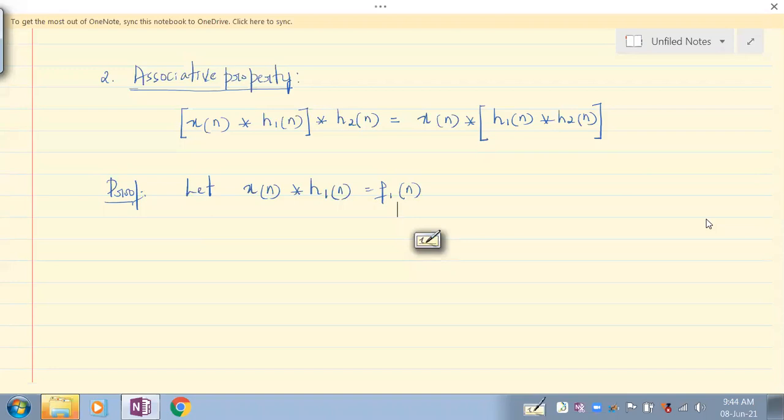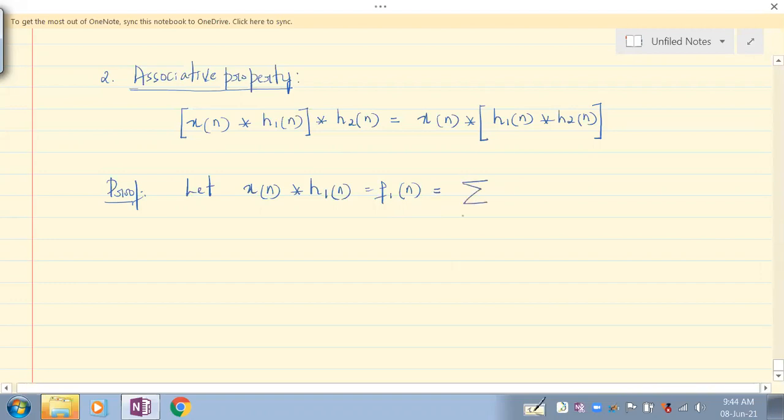Now we can express f1 of n as the sum over k running from minus infinity to plus infinity of x of k h1 of n minus k. So this is one part. We've just taken this and called it f1 of n, and expressed it as the convolution sum.